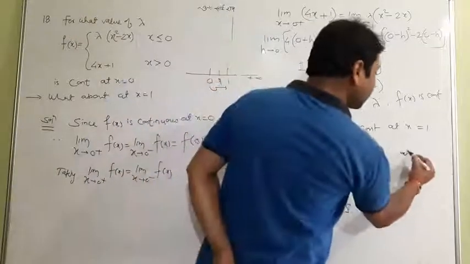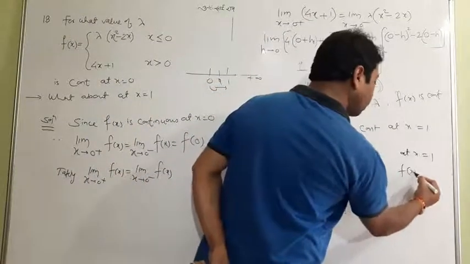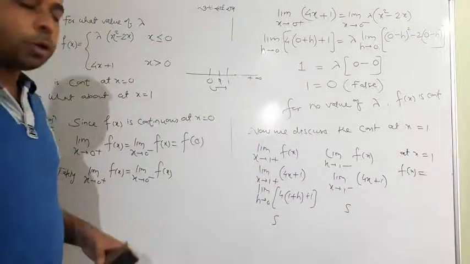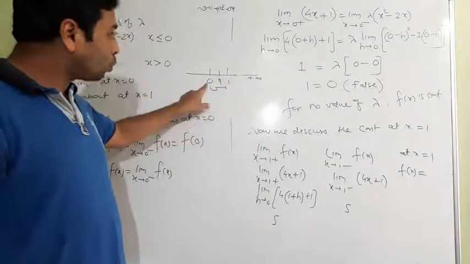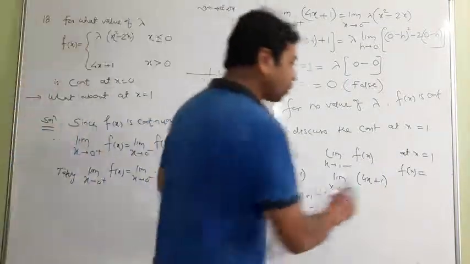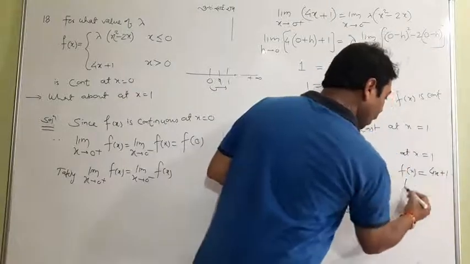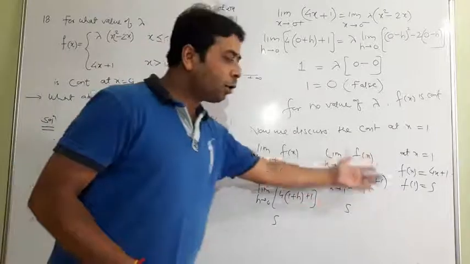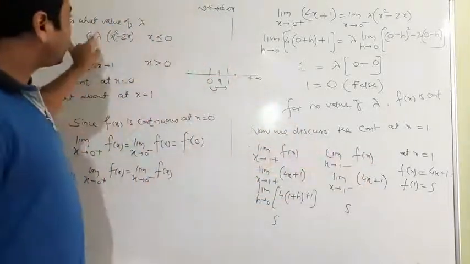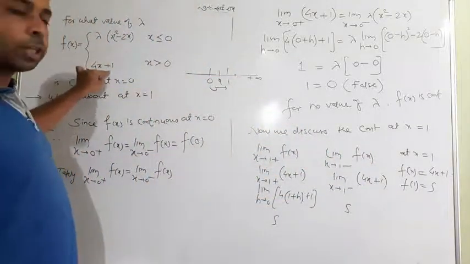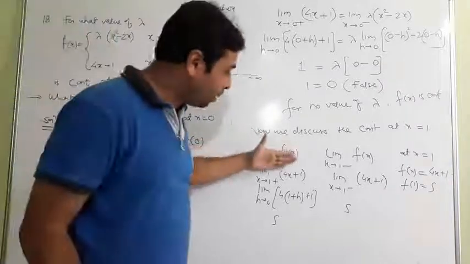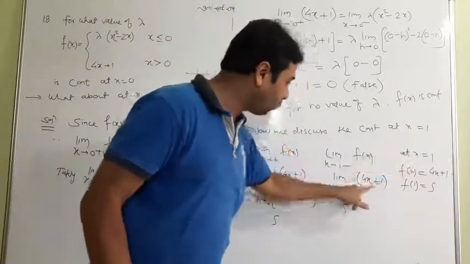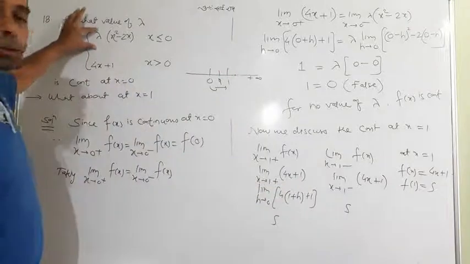And exactly at x equal to 1, one function will be chosen. x equal to 1 is also greater than 0, meaning the function is the same, 4x plus 1. So f of 1 is again 5 in all senses, meaning it is not depending on lambda. If lambda is equal to 2, no matter at all, because the left hand limit, right hand limit, and main value are all 4x plus 1, which is completely independent of lambda.